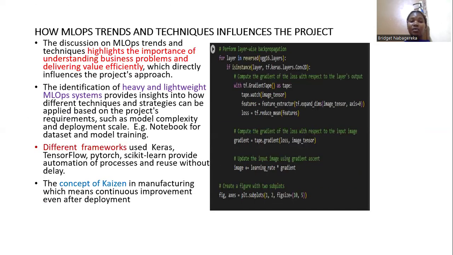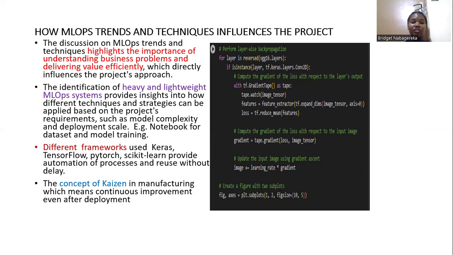And then how MLOps trends and techniques influence the project. So the discussion of MLOps trends and techniques highlights the importance of understanding business problems and delivering value efficiently, which directly influences the project's approach. This basically gives us a better way of approaching and solving the problems that we might encounter during the early stages of the project development.